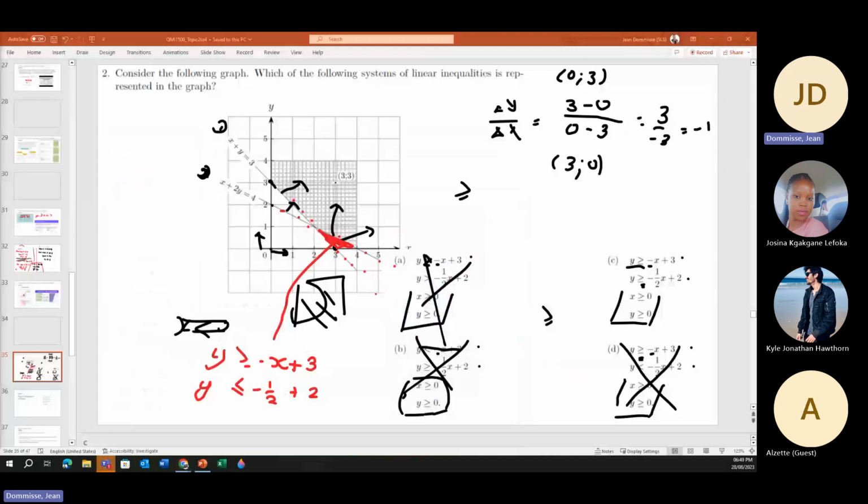So they could do it the opposite way and say, here are the inequalities, draw it for me, but then which one of the four options is the right one? So it might be that they swap it around like that as well.